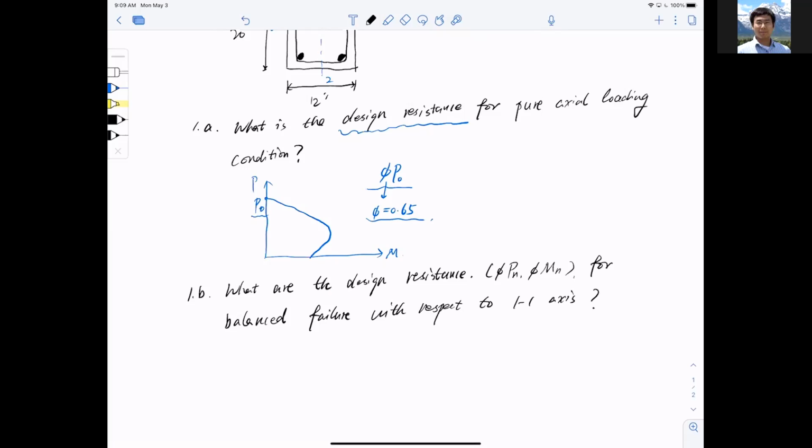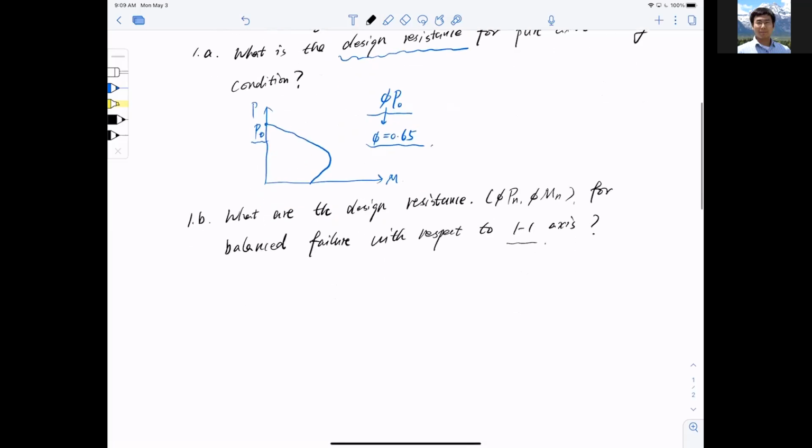Here we have to be careful. This is talking about the strong axis. Again, I want to label that. At 1B, we're talking about the balanced point. This is 1A, and that is 1B.